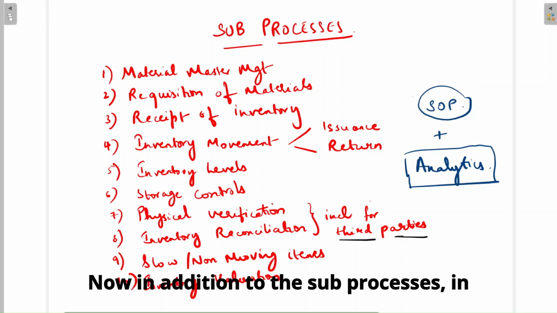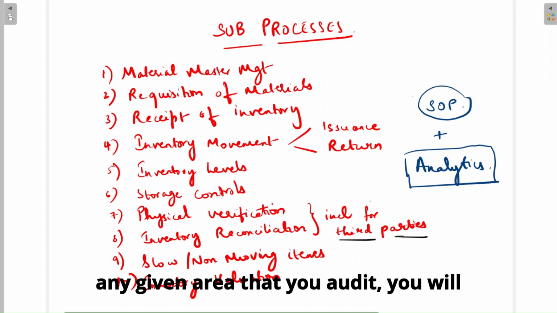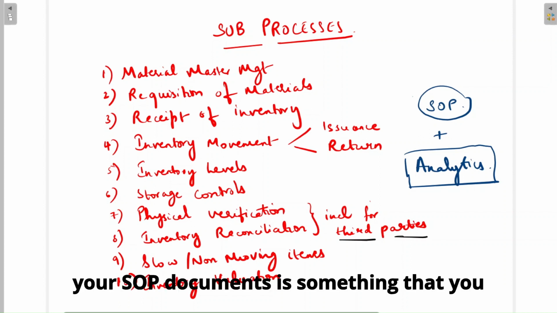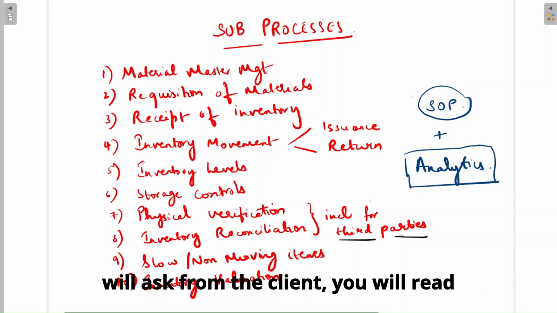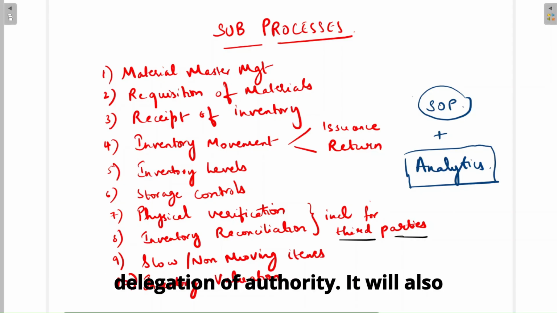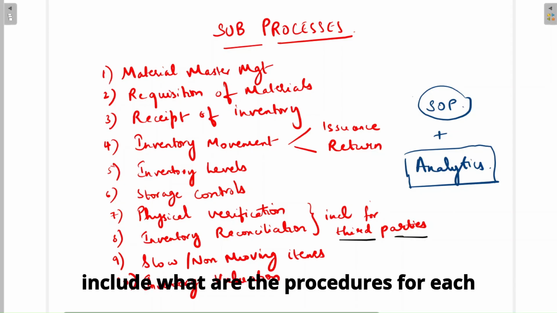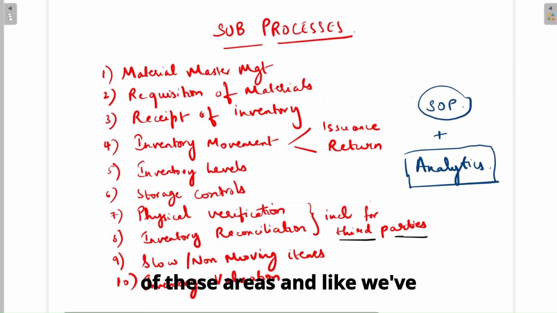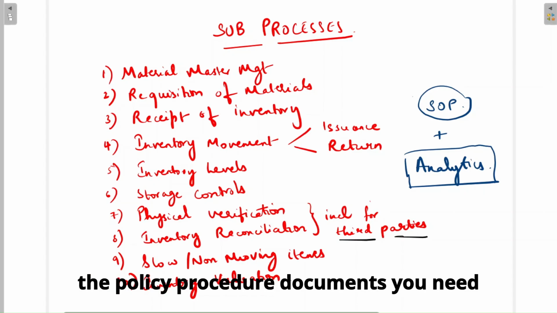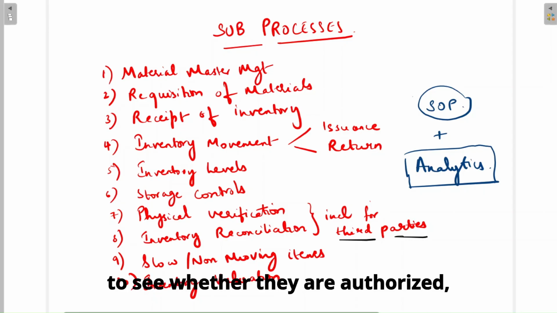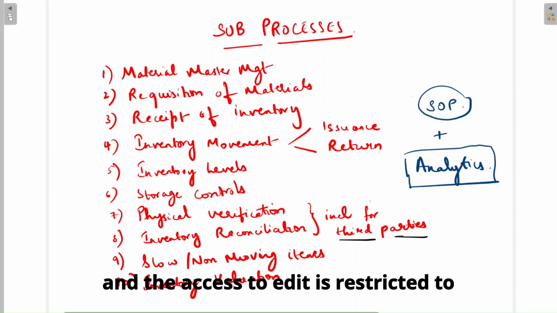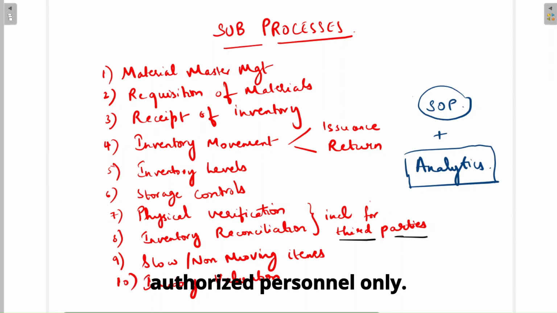Now, in addition to the sub-processes, in any given area that you audit, you will always look for policy procedures. Your SOP documents are something that you will ask from the client. You will read them. They will include the DOA, that's your delegation of authority. They will also include the procedures for each of these areas, and like we've discussed in other videos too, for all the policy procedure documents you need to see whether they are authorized, approved, periodically reviewed, and the access to edit is restricted to authorized personnel only.